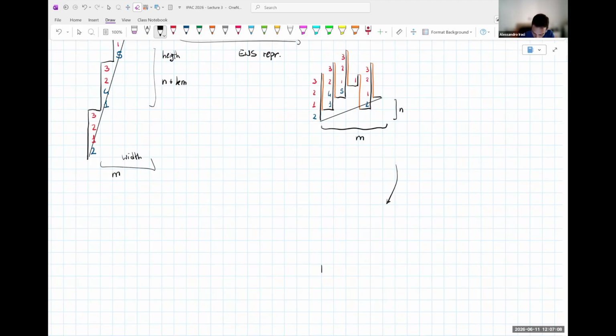After applying our bijection, this goes up 1, right 1, up 2, down 1, right 1, up 1, straight 2, up 1, down 2 here, straight 1, up 1, right 1.